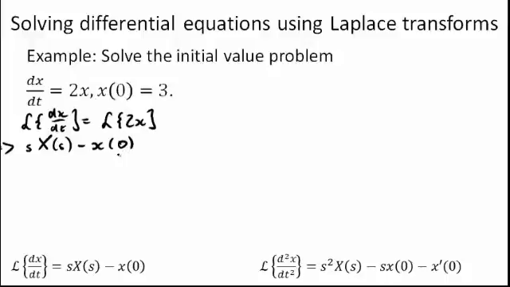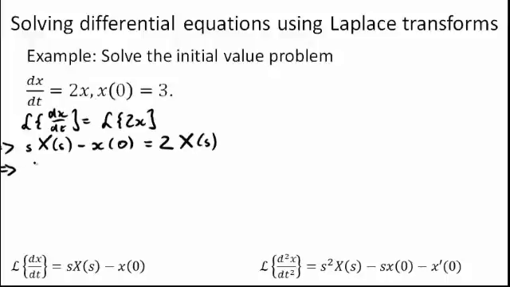Note the little x's and the capital X's because they're different. This is the left-hand side, and the right-hand side is the Laplace transform of 2x. Now, the Laplace transform of 2x is 2 times the Laplace transform of x, and the Laplace transform of x is of course just capital X of s.